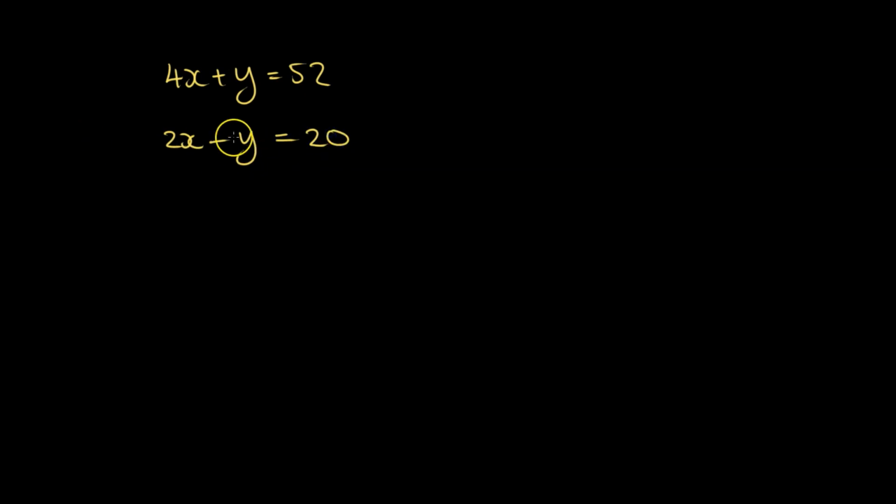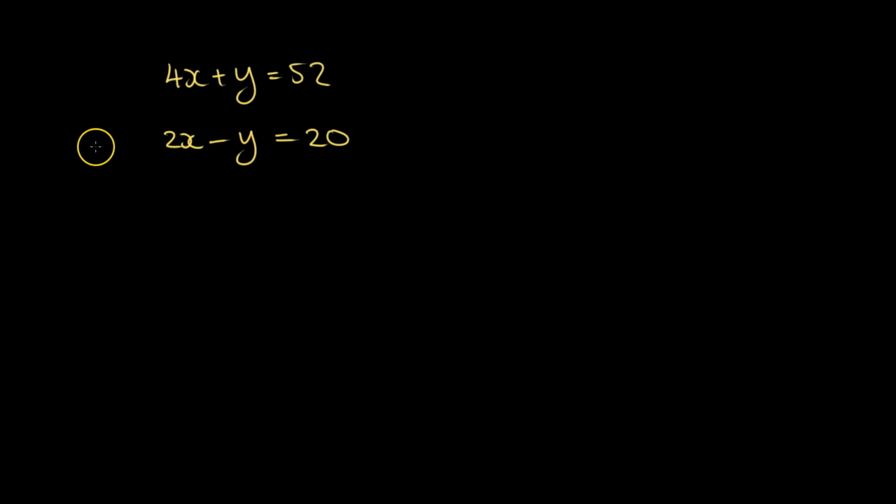Well, here if I subtracted the two equations from each other, if we just thought this through, 4x minus 2x would be 2x. And obviously we're trying to eliminate the y here. If we were to do positive y minus negative y, that would be minus minus y, and two minuses make a plus, so it would actually be y plus y if we tried to subtract these two equations from each other, and that doesn't get rid of the y at all.